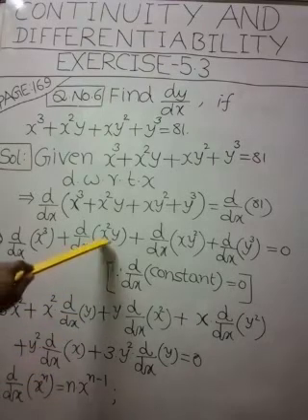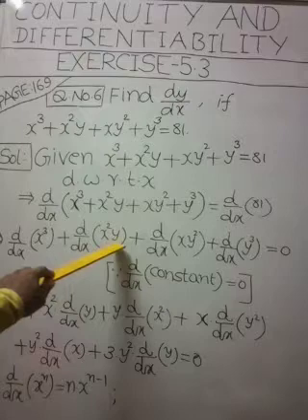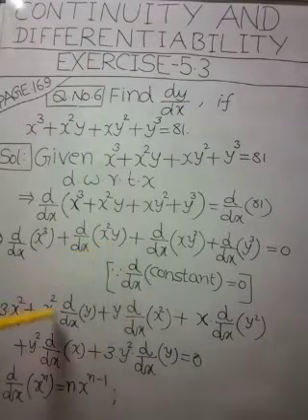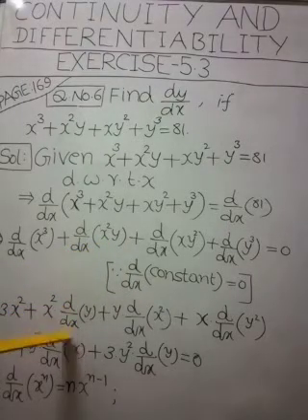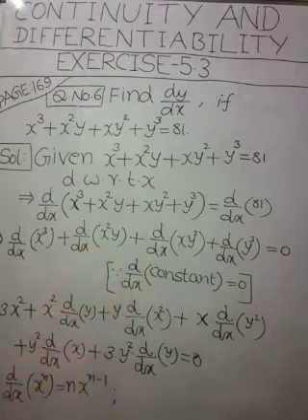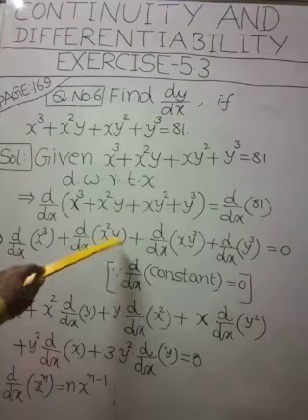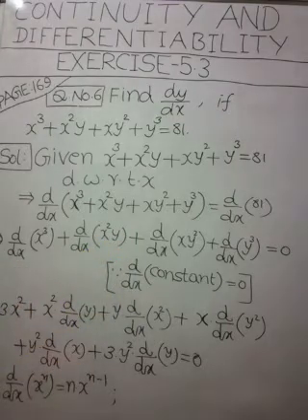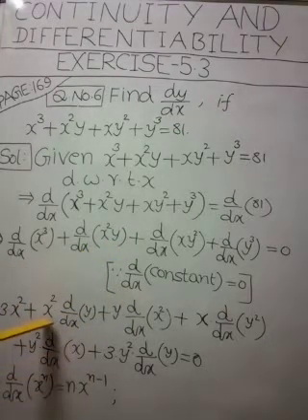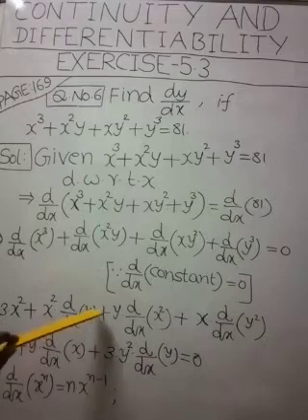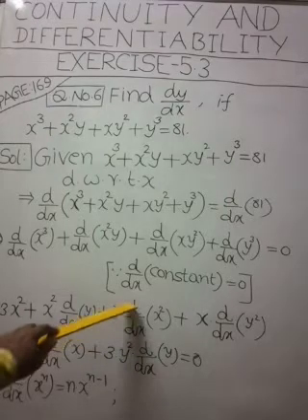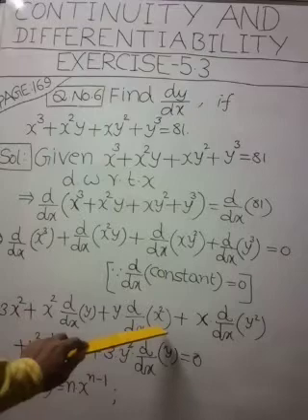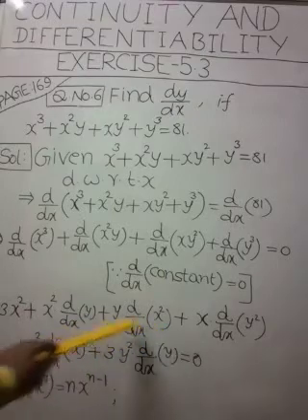So f of x means here x square and g of x means y. So f of x, x square, into d by dx of g of x, plus g of x into d by dx of f of x. Understood these two terms, my dear children?